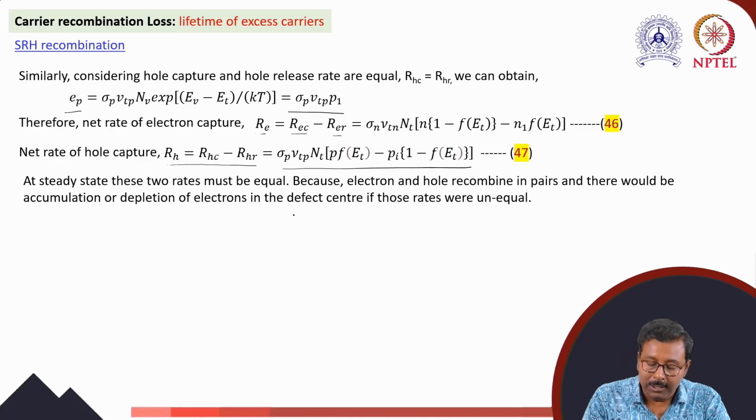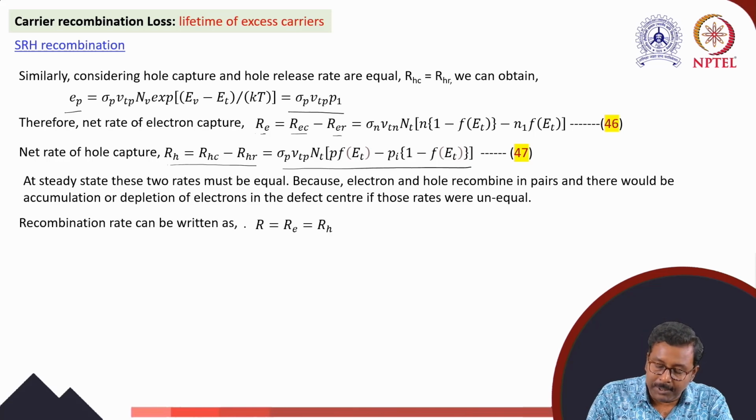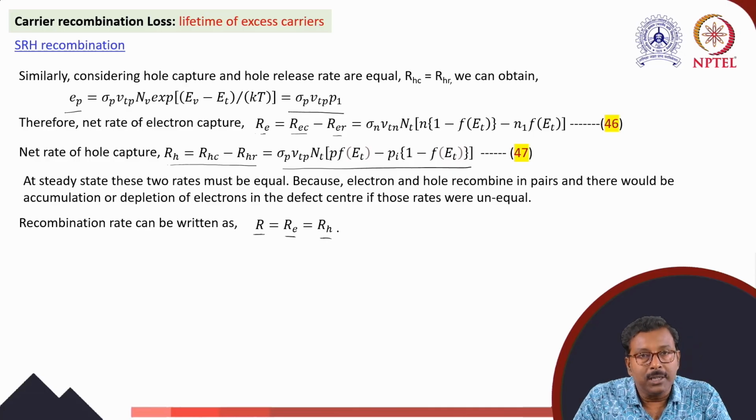That is not possible, so they are equal at steady state. The recombination rate can be written as R, either RE or RH, since both are equal. RE followed by RH is required for recombination, so only one process is not possible for recombination. Net electron capture followed by net hole capture is the recombination process. So any of these rates, as they are equal, will give you the recombination rate.